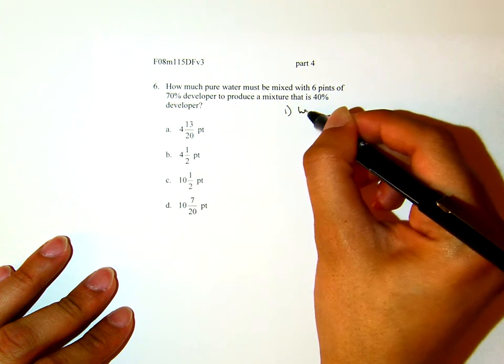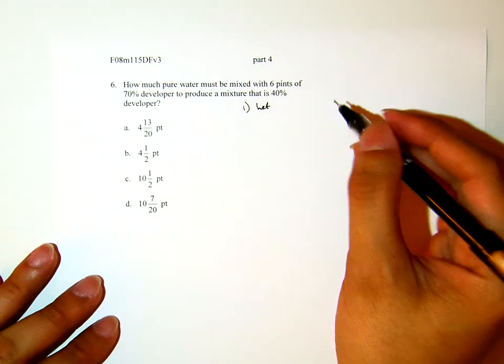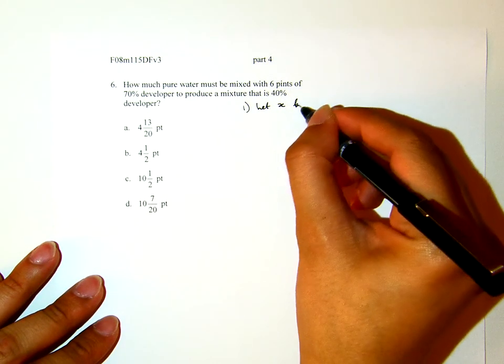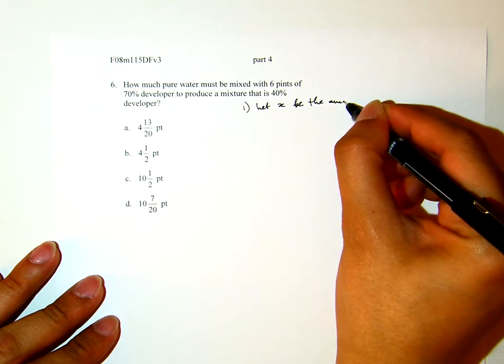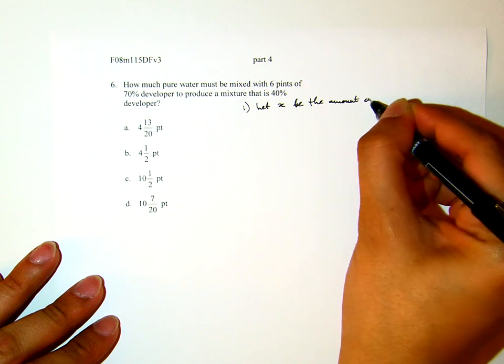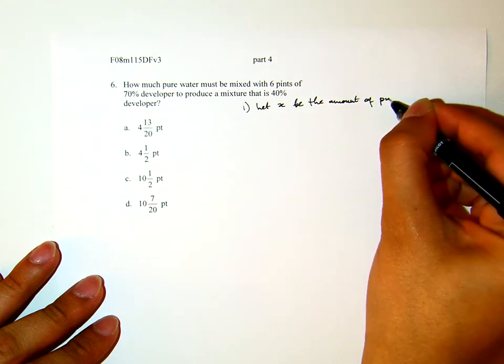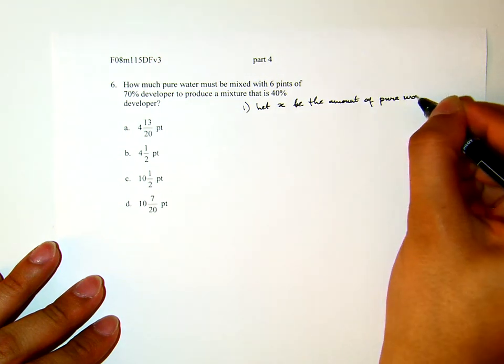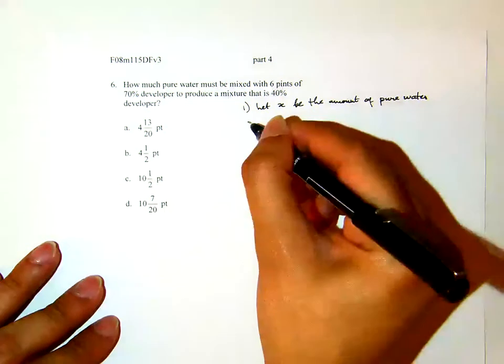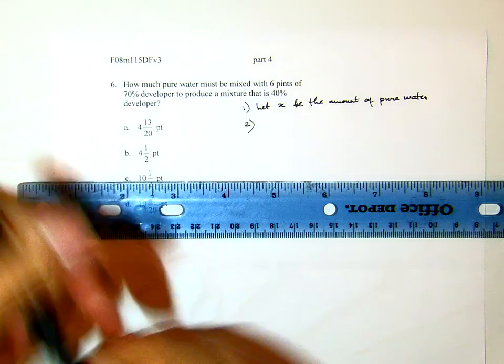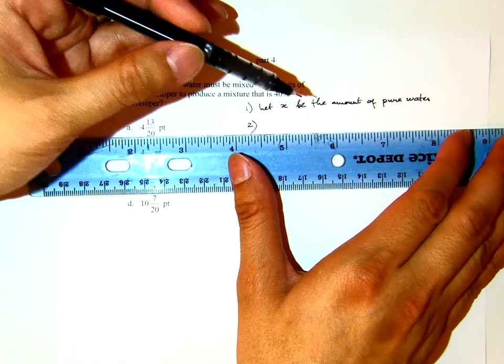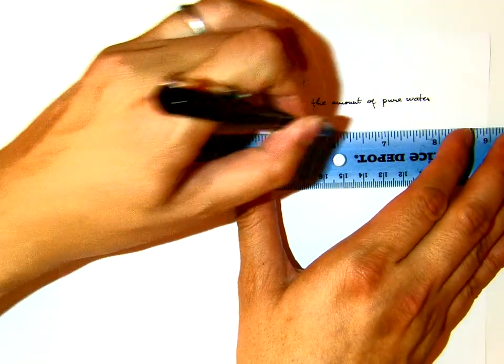First step, let X be the amount of pure water. The second step, I will create a table since this is a mixture problem.